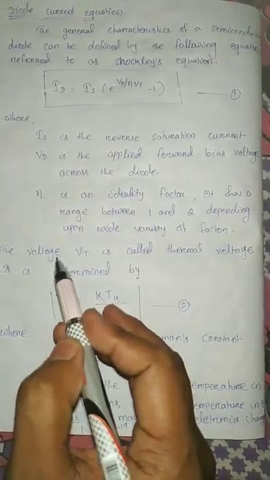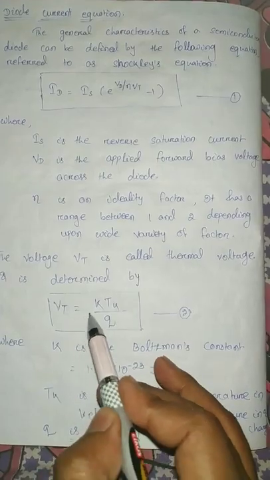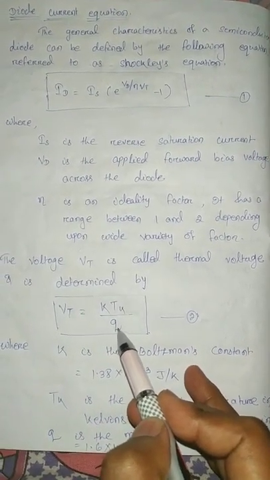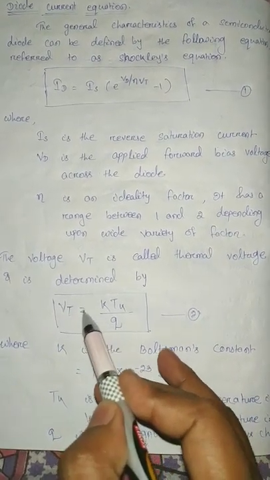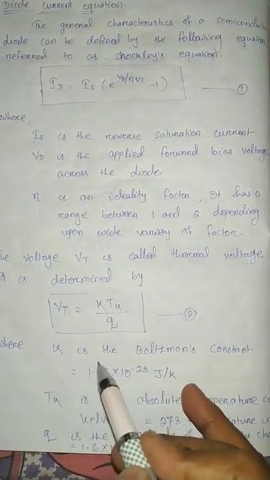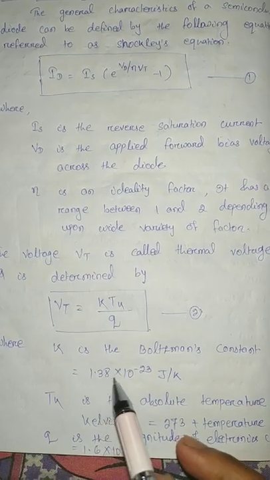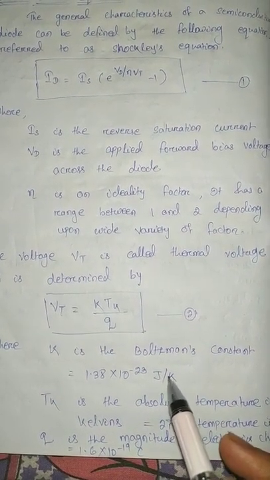The voltage Vt is called thermal voltage and is determined by the equation Vt equal to KT divided by Q, where K is the Boltzmann's constant, and its value is 1.38 into 10 to the power minus 23 joule per Kelvin.